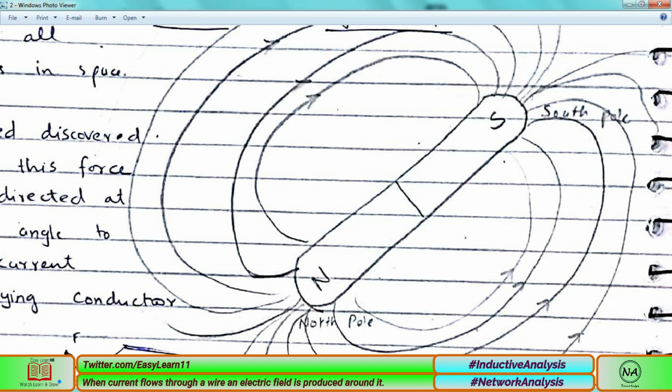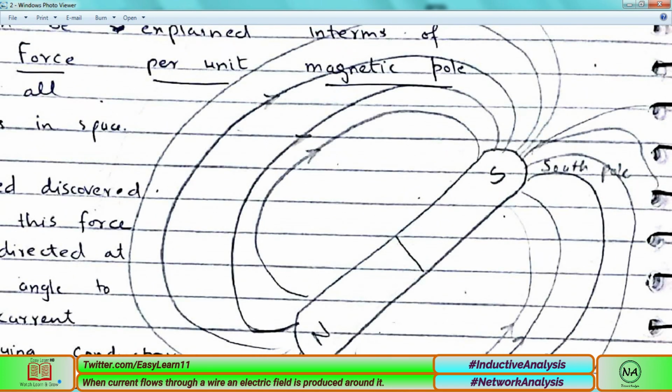There is a north pole from where all these lines come outward, and then they enter at the other end, that is the south. So the two points from where these lines emerge and enter are called poles. They are actually the sources.